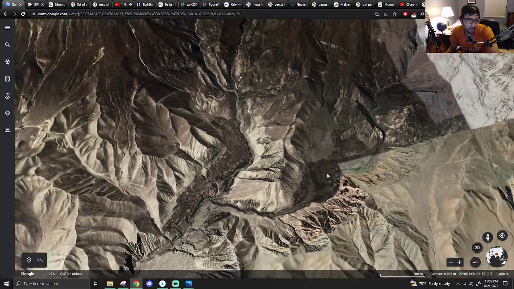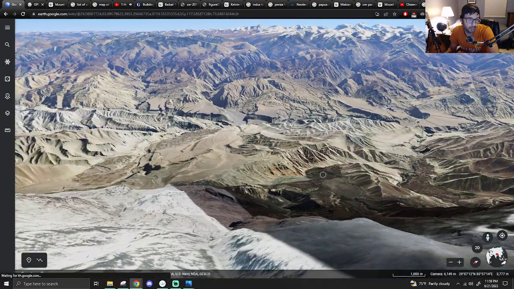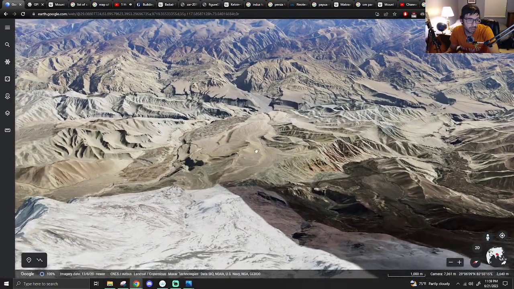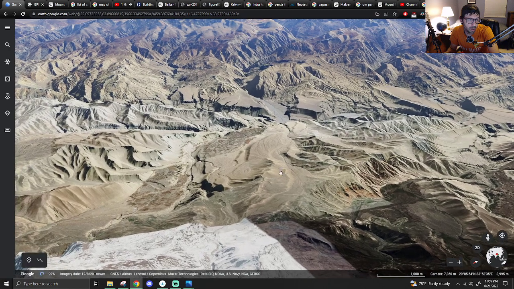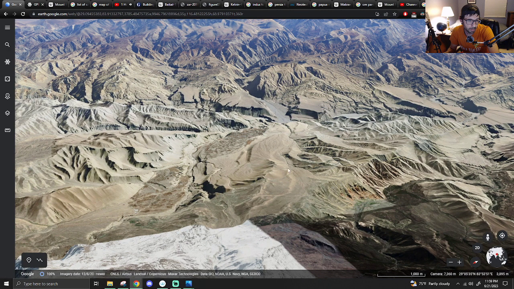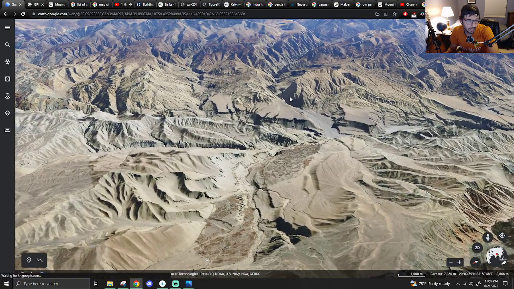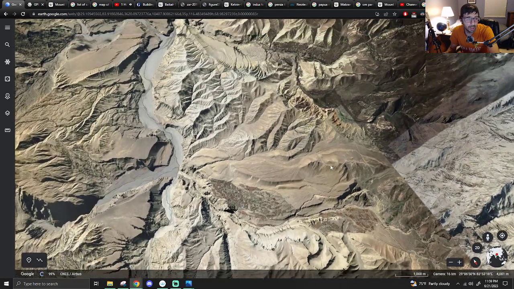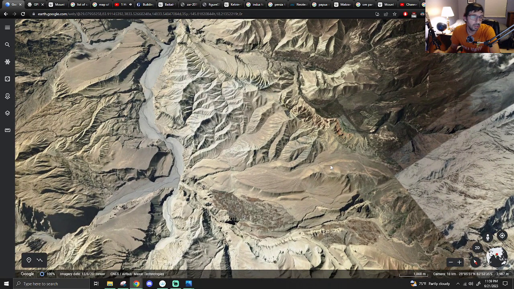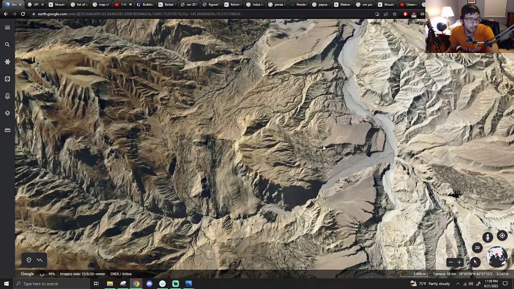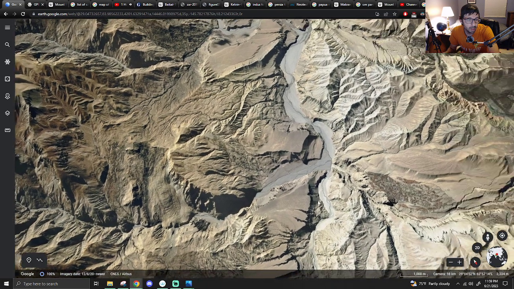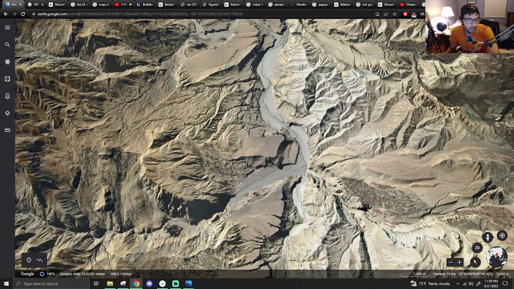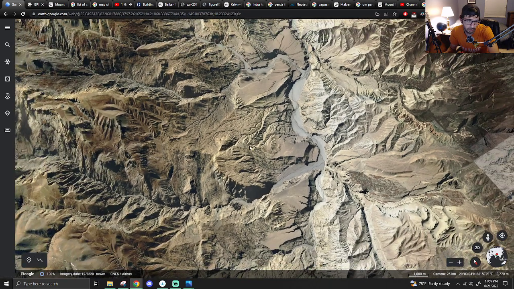Could it? Like a structure that it went around and ramped to go over there. That would be so cool. Maybe go around this and ramp.